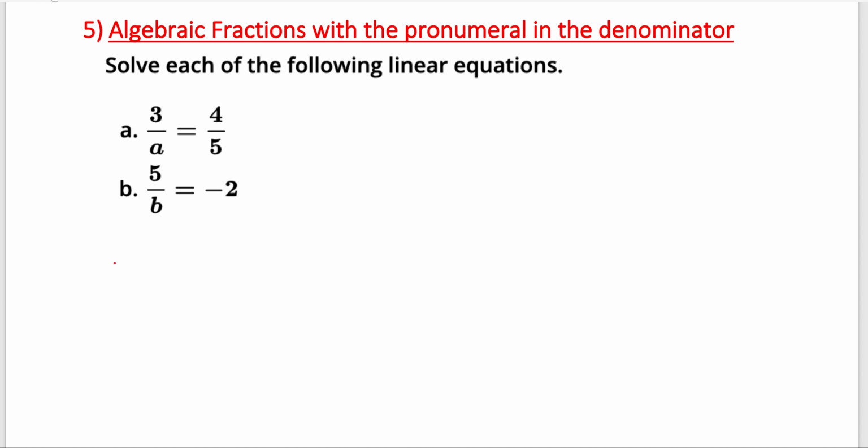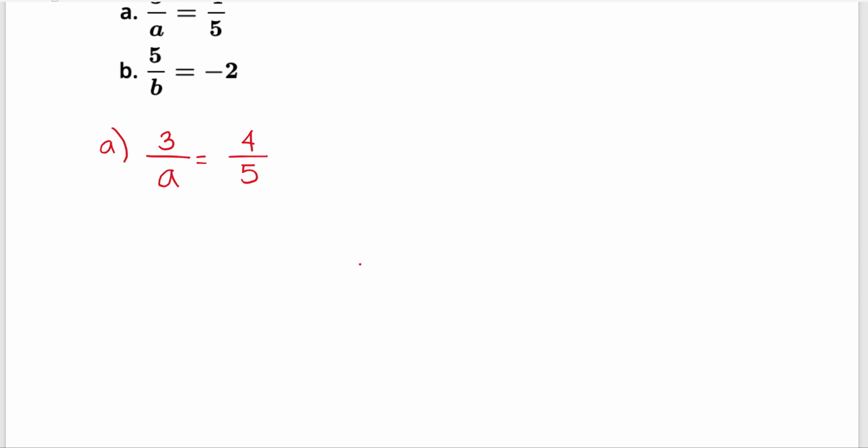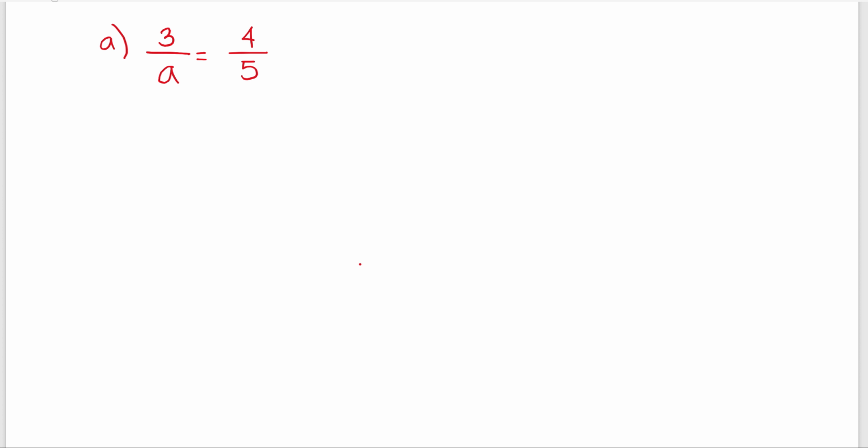Let's do a here. 3 over a is equal to 4 over 5. Okay, wonderful. So, as I said before, I can do the inverse operations with the denominator as well, of everything.